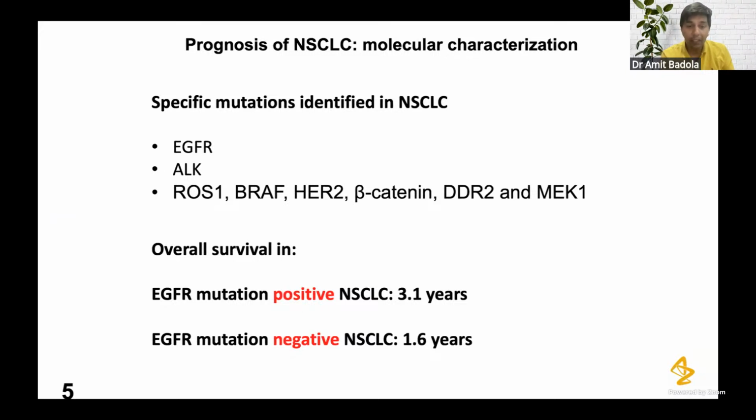For EGFR mutated non-small cell lung cancer, the median overall survival is 3.1 years, though I slightly disagree with this because survival nowadays with treatment is more than that. For EGFR non-mutated lung cancer, the survival is around 1.6 years.